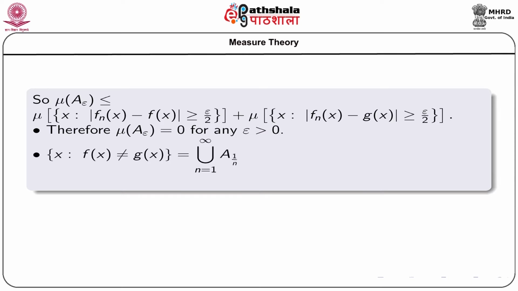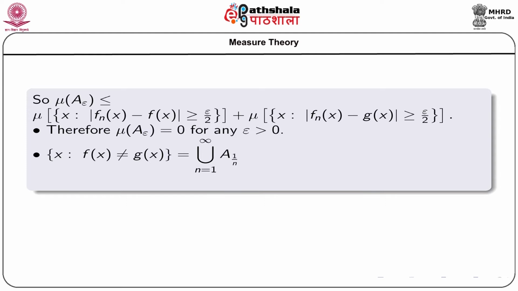Now, see that the collection of all x where f(x) is not equal to g(x), I can write as the union over n equal to 1 to infinity of A_{1/n}, because when f(x) is not equal to g(x), this is equivalent to saying that |f(x) - g(x)| is not equal to 0, and so it should be greater than or equal to some 1 by n, as 1 by n tends to 0.